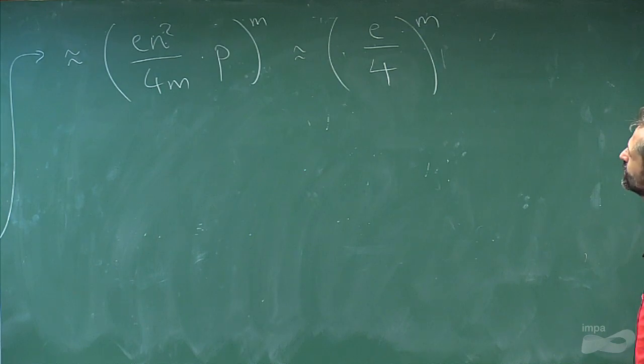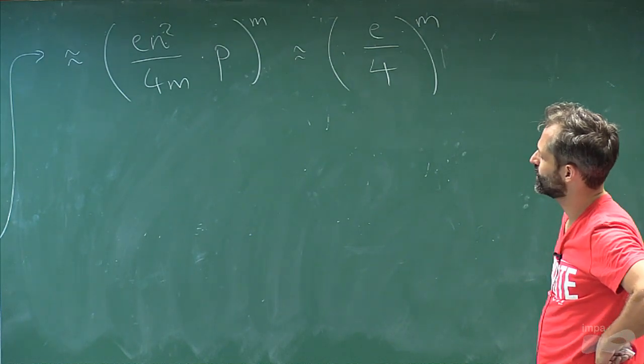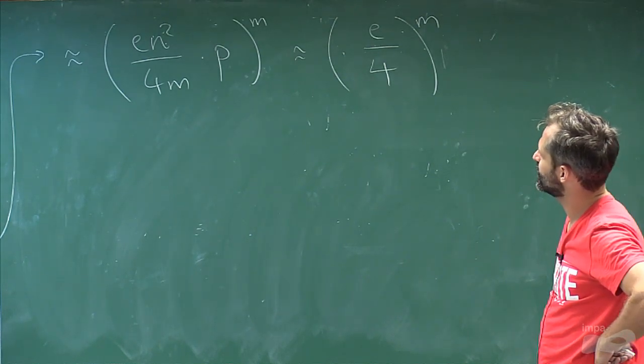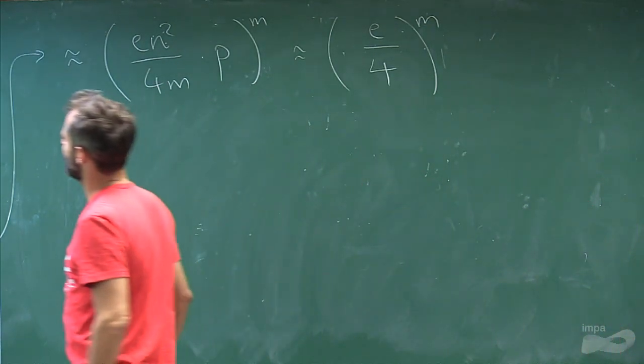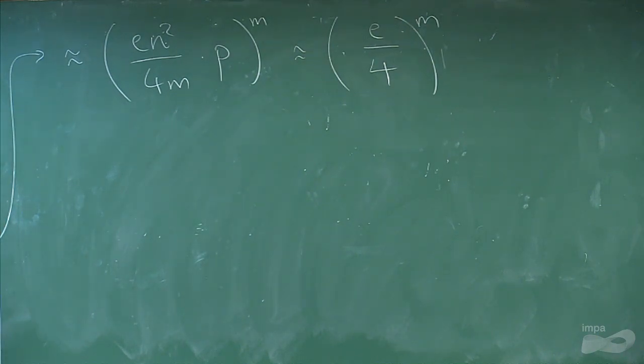Have I got this wrong? I'm sure I have got it wrong. Thank you. But why? m is like pn squared over 4.